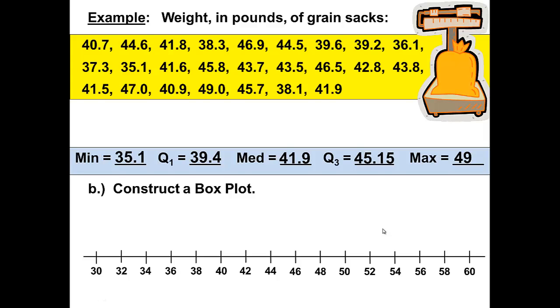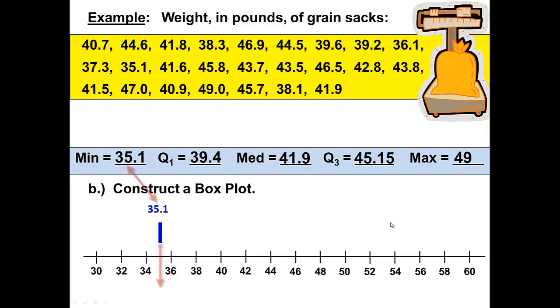Each number will be marked as a line, and that line is above the scale so we do not get it confused with the number line itself, and the line is located above where the number falls on the number line.